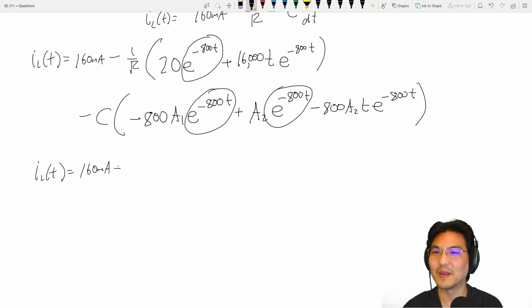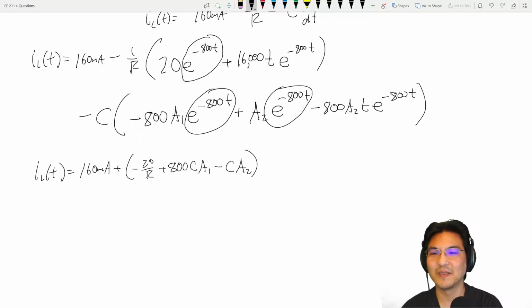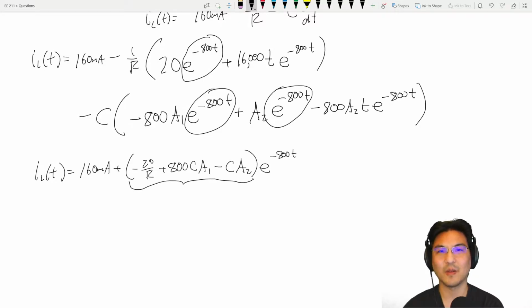So we got minus 20 over R plus 800C times A1 minus C A2, e to the minus 800t. Notice that this whole thing is just some arbitrary coefficient. Why don't I just give it a different letter? B1, an arbitrary coefficient that we have to solve for.